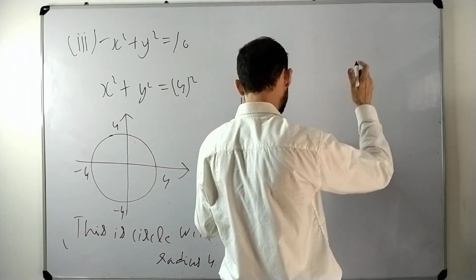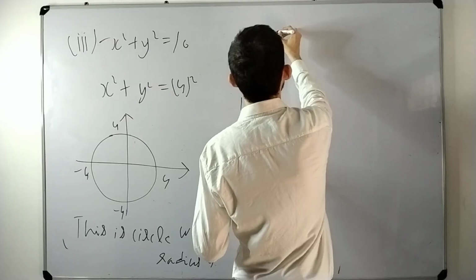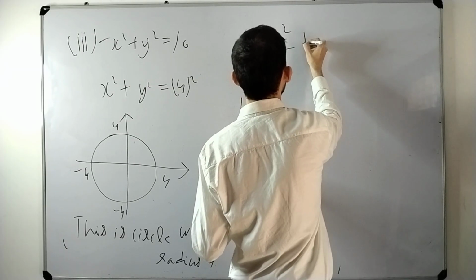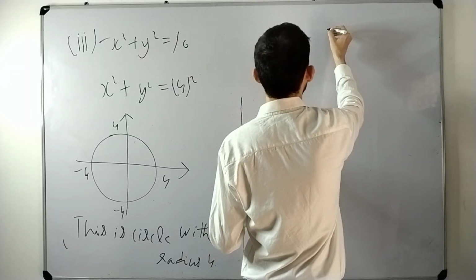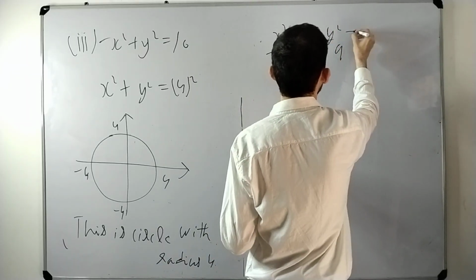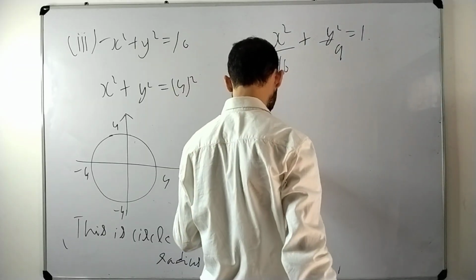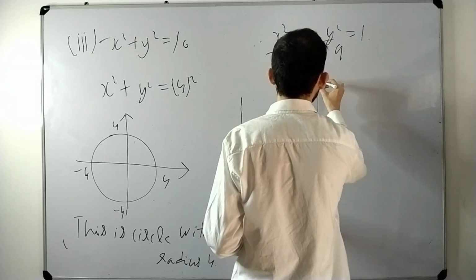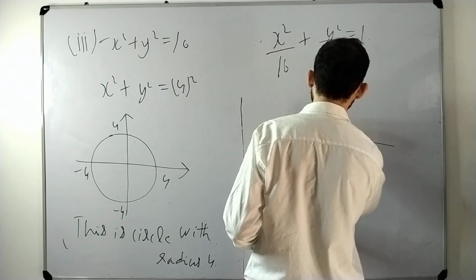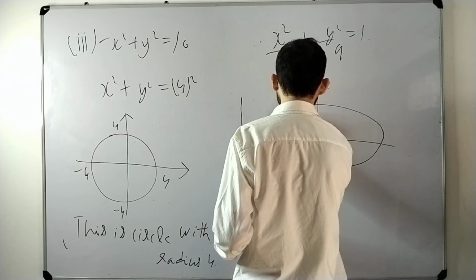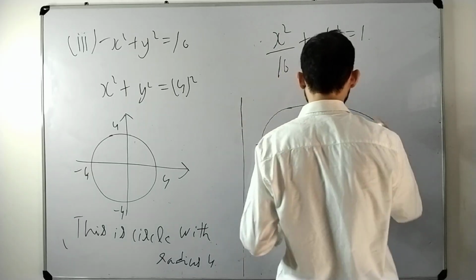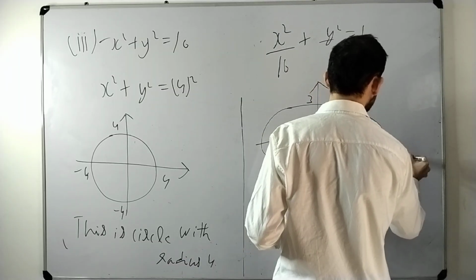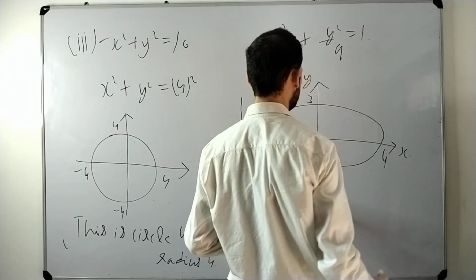So this becomes x square by 16 plus y square by 9 equals 1. This is an ellipse graph, and this is 3, this is 4, this is x, y.